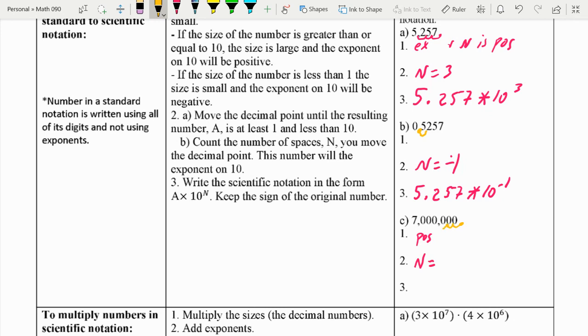I went 1, 2, 3 spaces, 4, 5, 6 spaces. So I went 6 spaces to make that number between 1 and 10. So now I'm going to do 7 times 10 to the 6th.